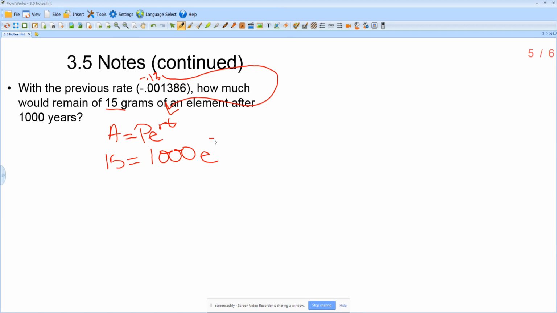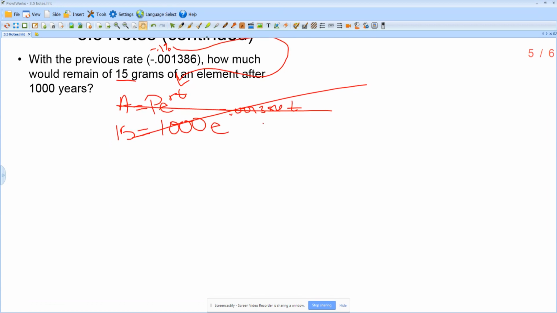R is representing that negative 0.001386 times T, and I'm looking for T. I'm sorry, I'm not looking for T. I did this wrong. Totally ignore part of that. Sorry, 1,000 years. I was doing a totally different question.